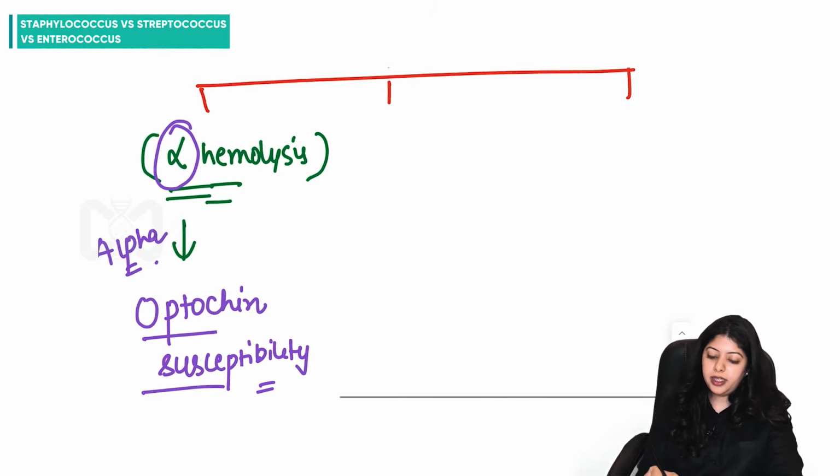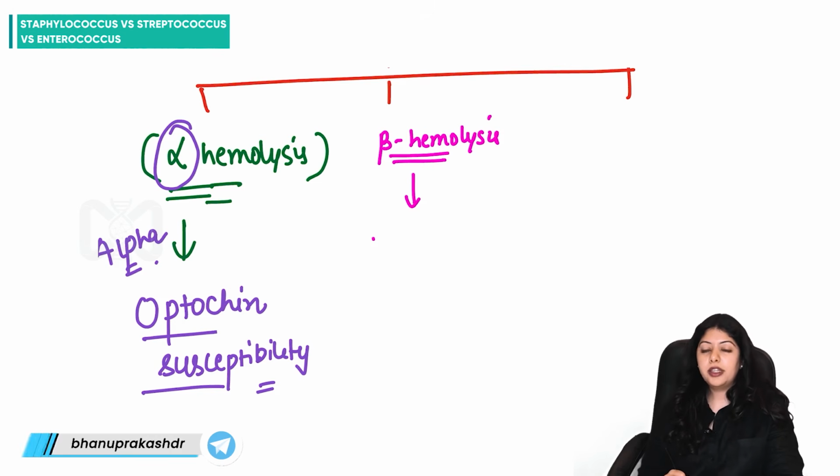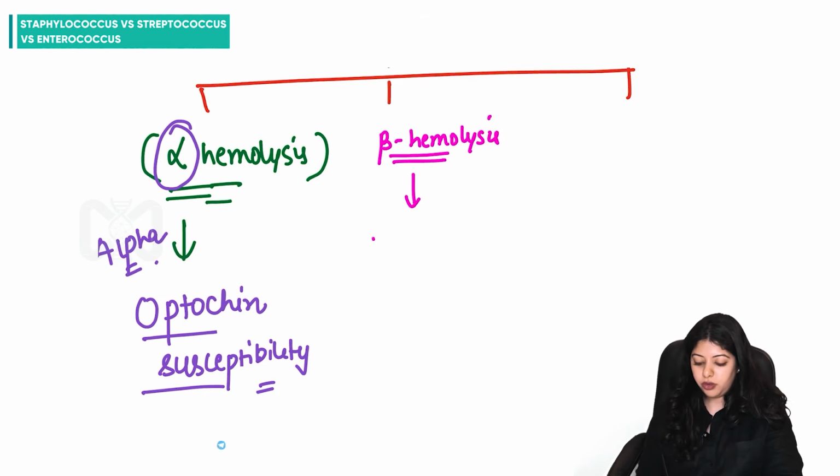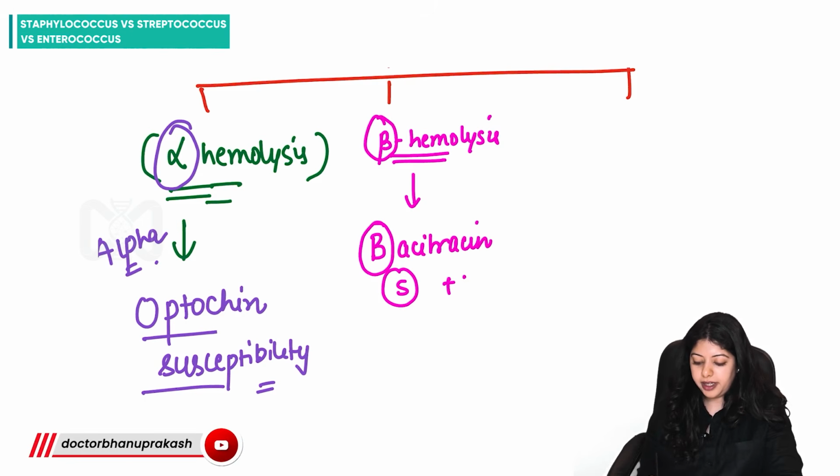And the next one is beta hemolysis. For beta hemolysis, for further identification and speciation, we will look for, with B, bacitracin susceptibility and PYR status.